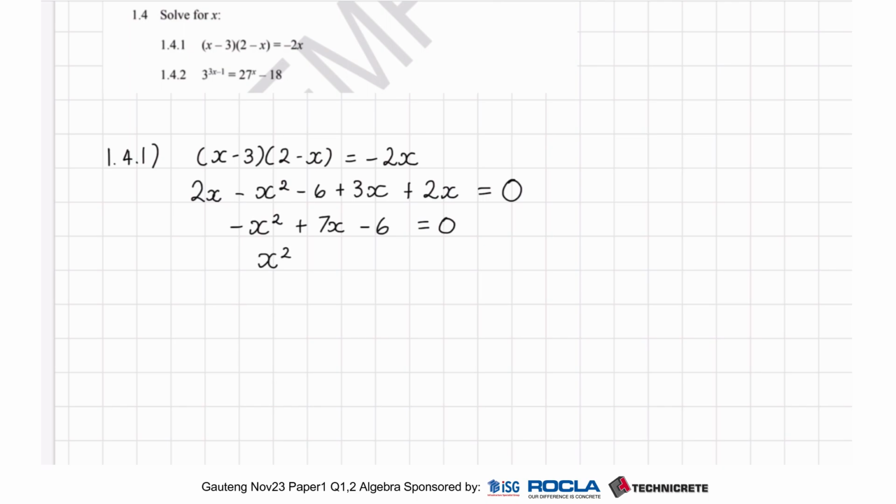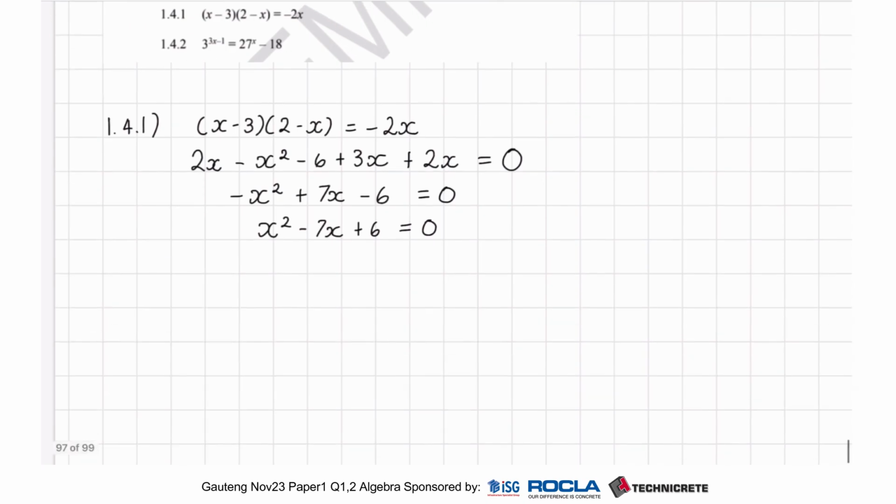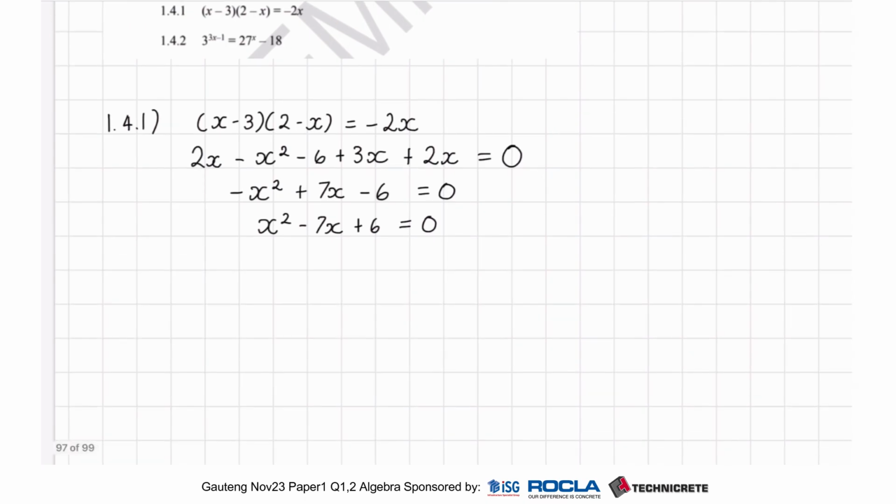So I'll have positive x squared, negative 7x, positive 6. And 0 times minus 1 is still 0. Then I'm going to factorize the left-hand side. So I'll have two brackets. And when I factorize, I get x minus 6 and x minus 1 is equal to 0.